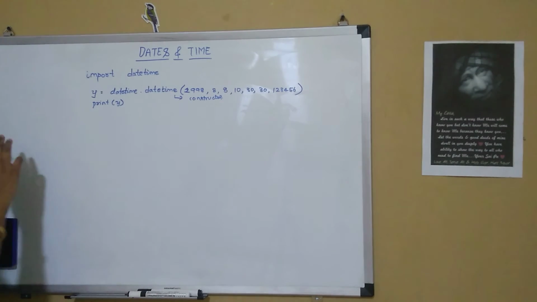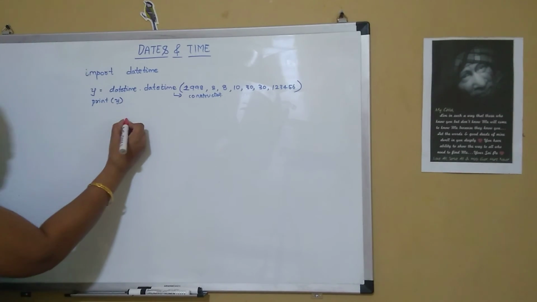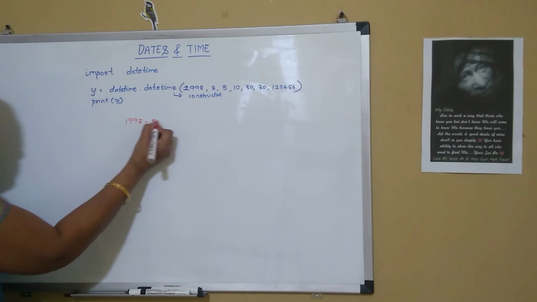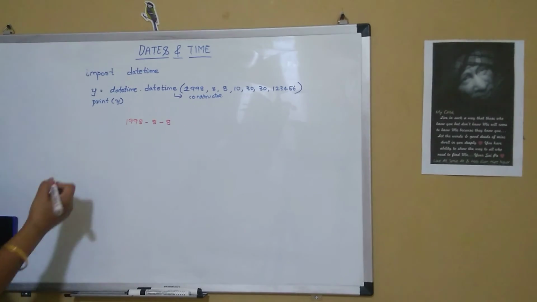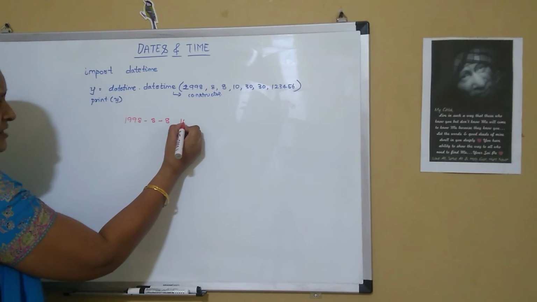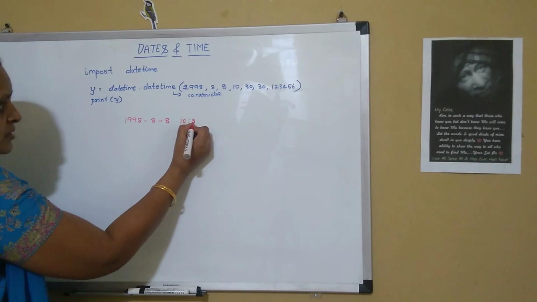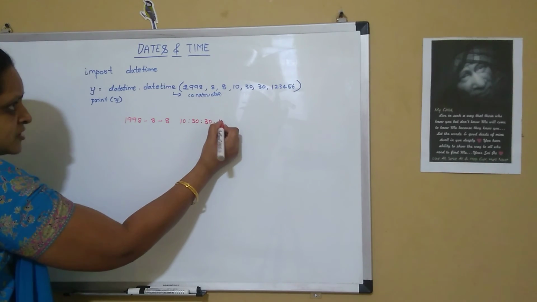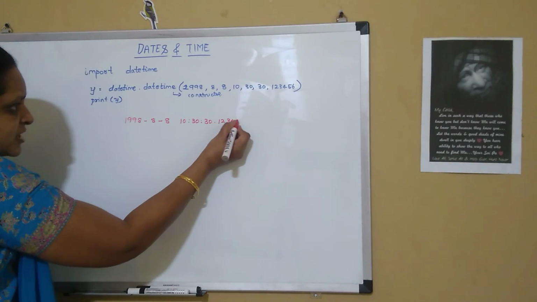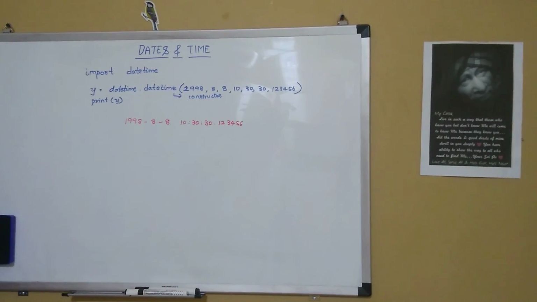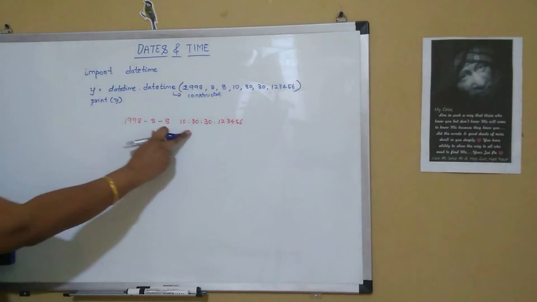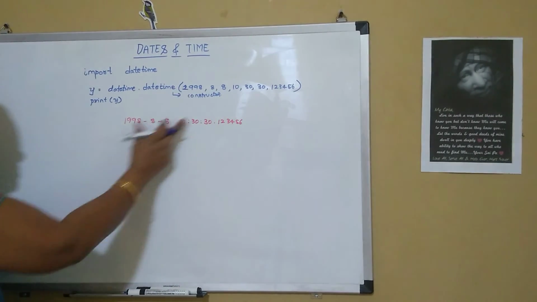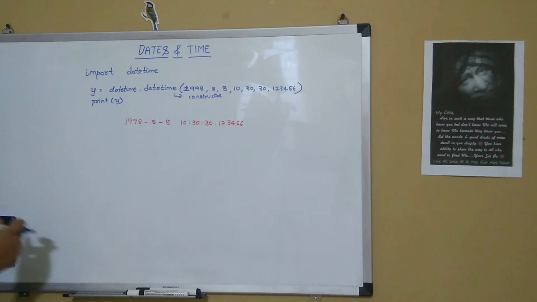Now if I print y, I get 1998 hyphen 8 hyphen 8, then a space, and then 10:30:30.123456. So this is in the datetime format, for the values which we have passed.